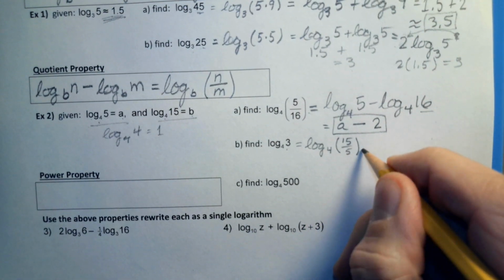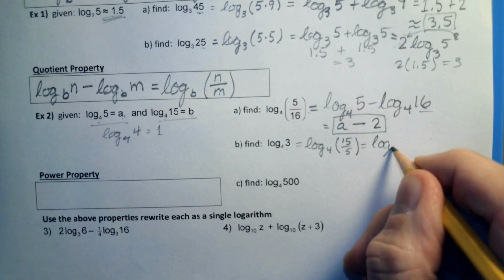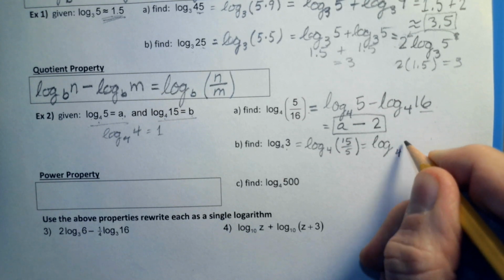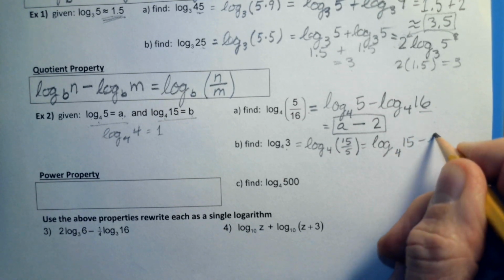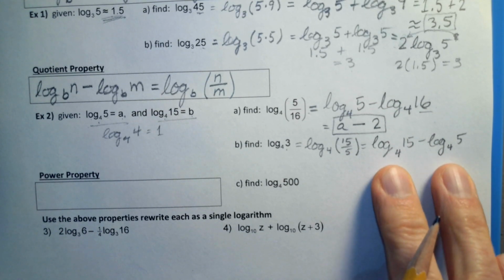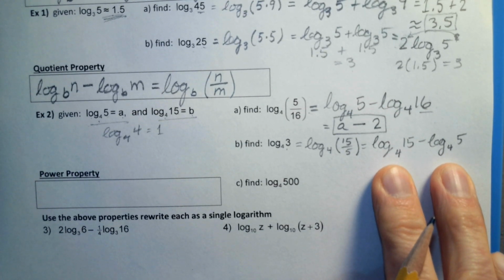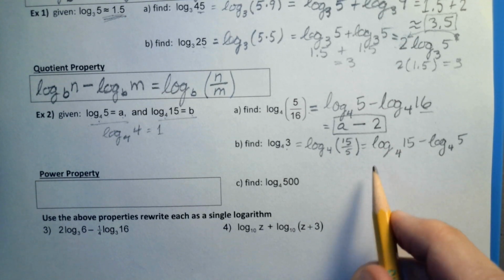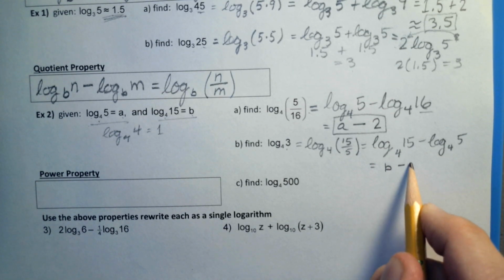All right, so this becomes log base 4 of 15 minus log base 4 of 5. And so that's just b minus a.